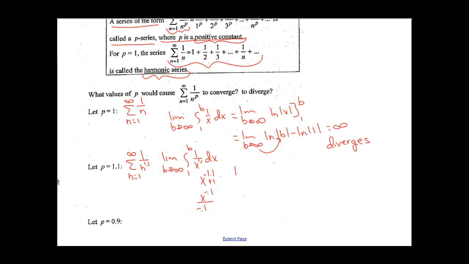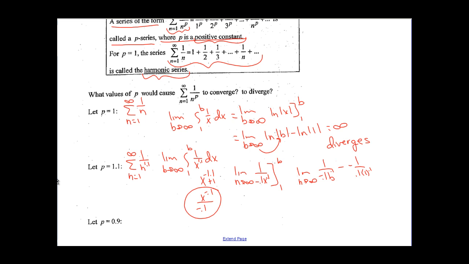So this is the limit as b approaches infinity of, this is really 1 over negative 0.1 x to the 0.1. And we're evaluating that from 1 to b. So we have the limit as b approaches infinity of 1 over negative 0.1 b to the 0.1 minus negative 1 over 0.1 times 1 to the 0.1.